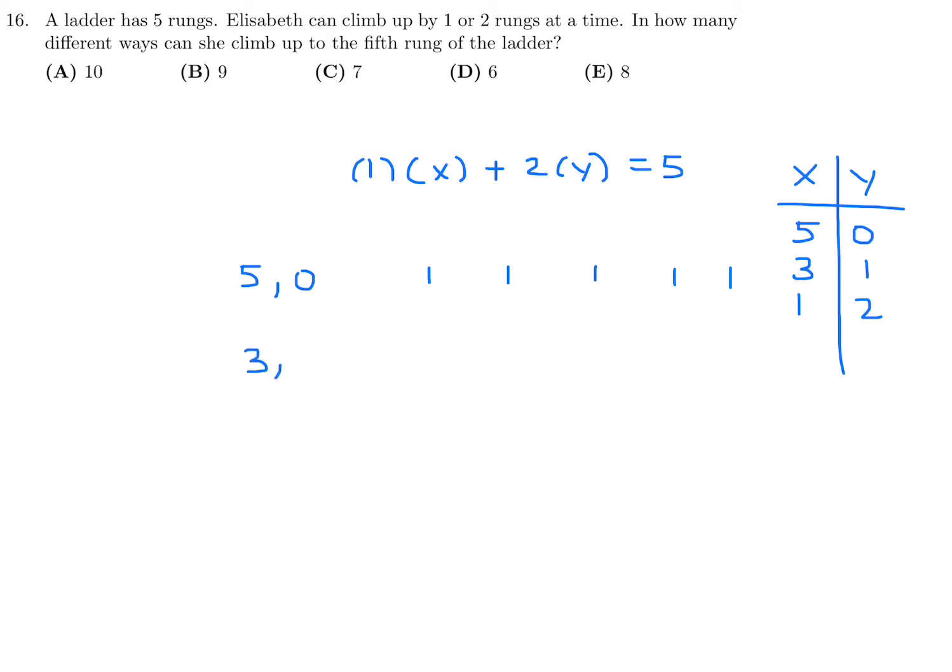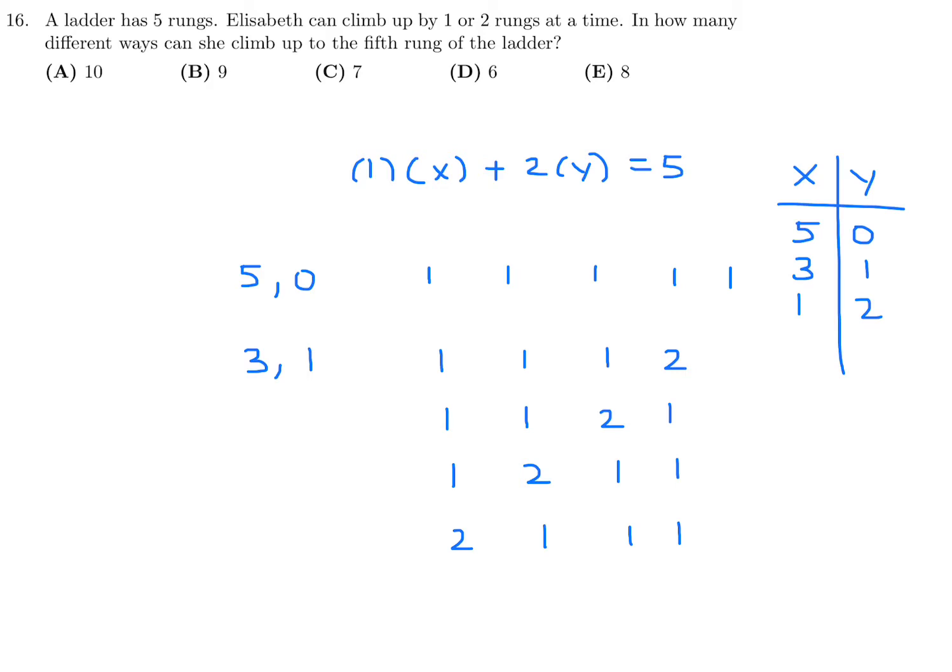But how about 3, 1? I think that's going to be done in a few ways. You can have 1, 1, 1, and then a 2-step. Or you can put the 2-step here, or the 2-step here, or the very first step could be two rungs. So there's 4 ways of doing that.